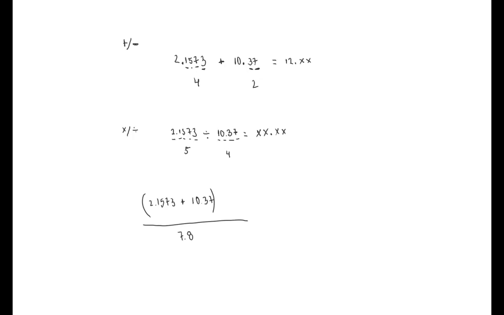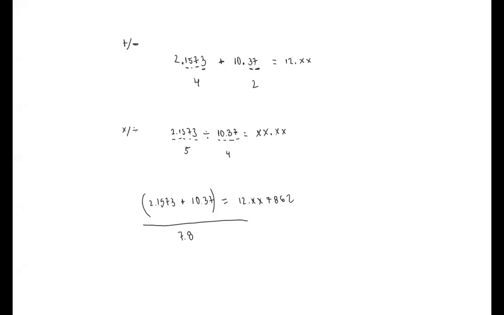We do what we do here for the first part. We do the top first, because that's in parentheses, right? PEMDAS, if you remember that. We do the same thing, addition subtraction rule. So we get whatever, 12.xx.